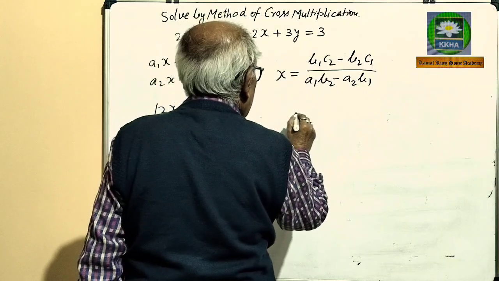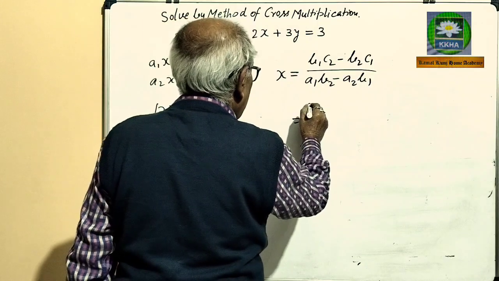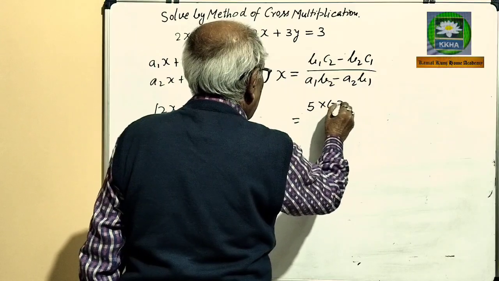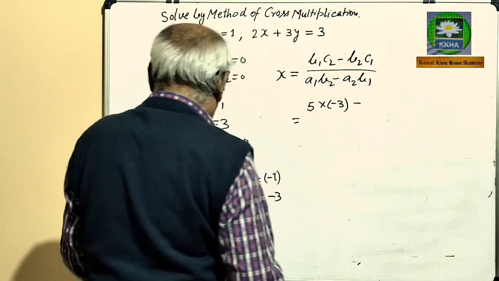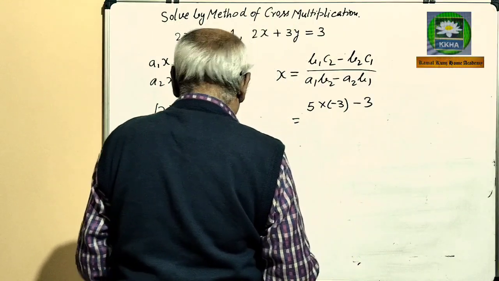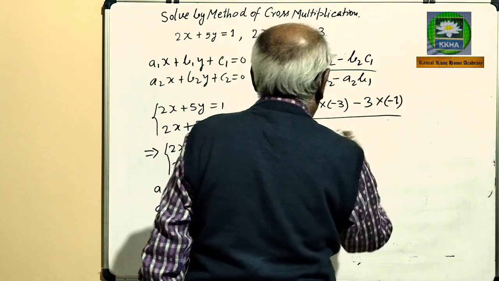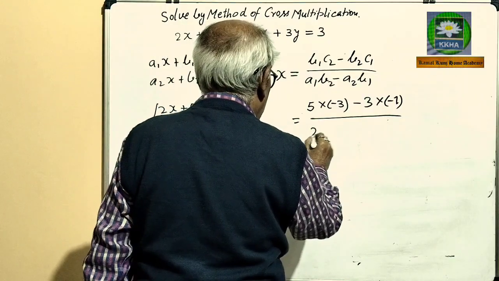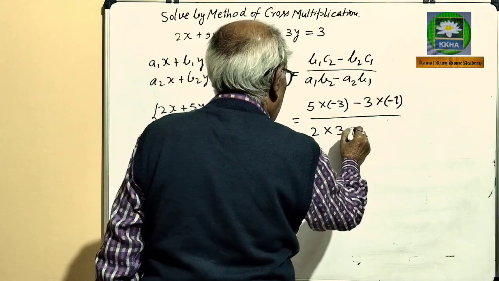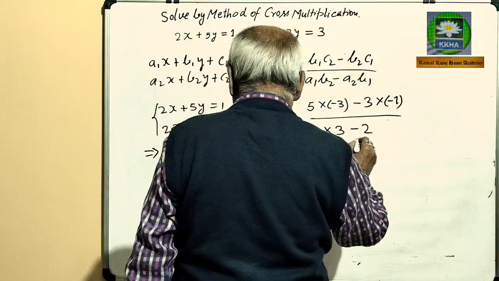Now put the values: b1 is 5 and c2 is minus 3, minus b2 is 3 and c1 is minus 1, divided by a1 is 2, b2 is 3, minus a2 is 2 and b1 is 5.